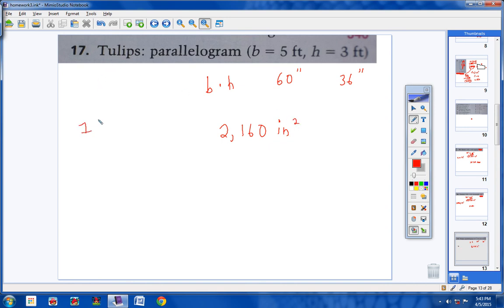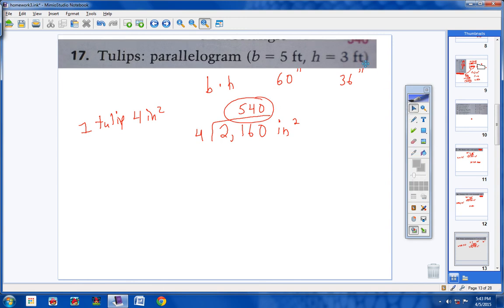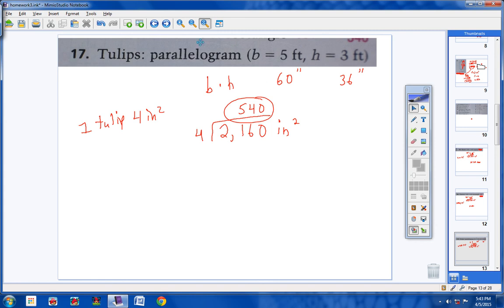Well, 1 tulip equals 4 square inches. So how many times does 4 go into this? 540 exactly. So the answer is 540. You can see that right up there, though it's kind of cut off.